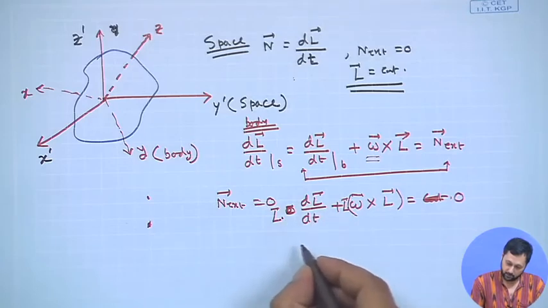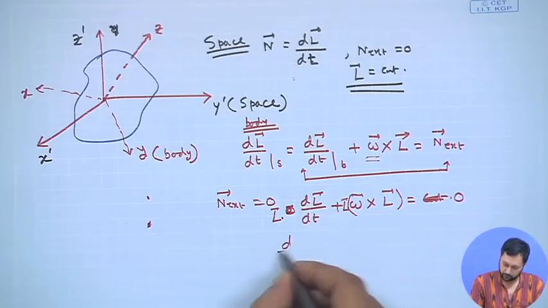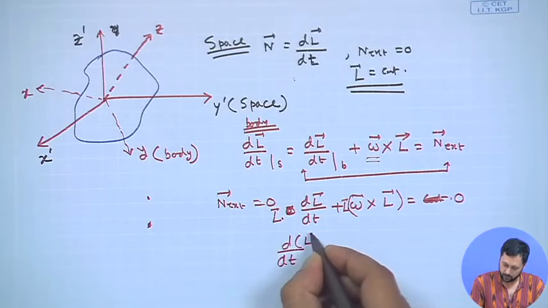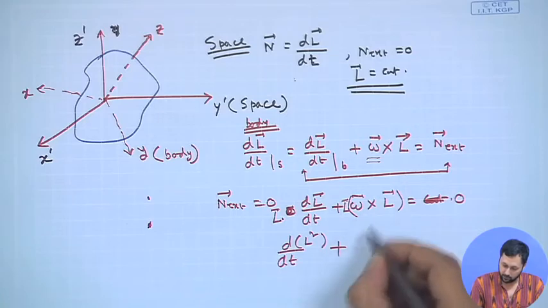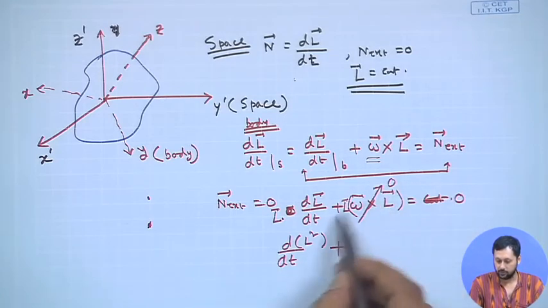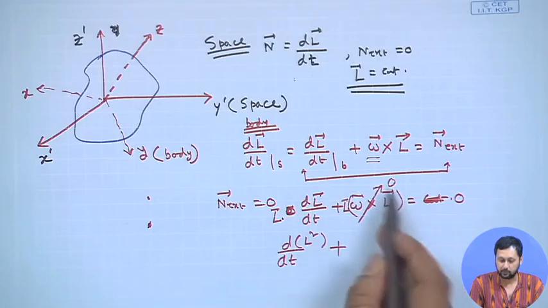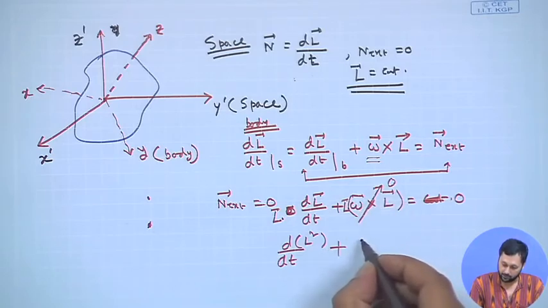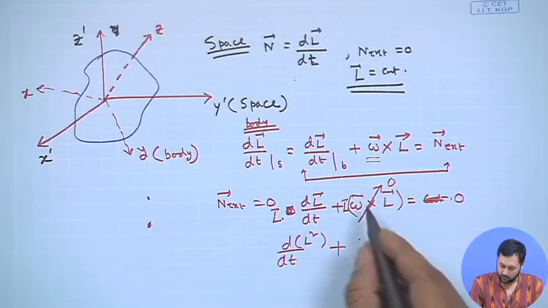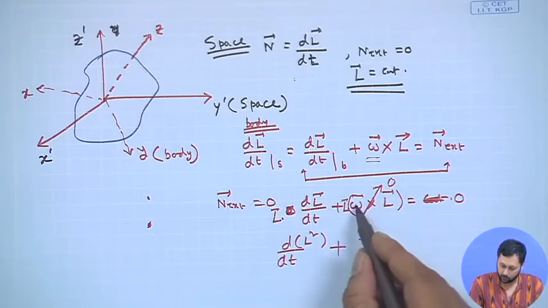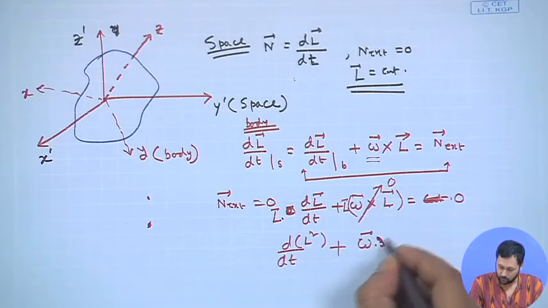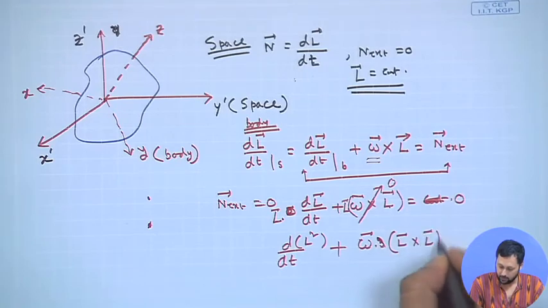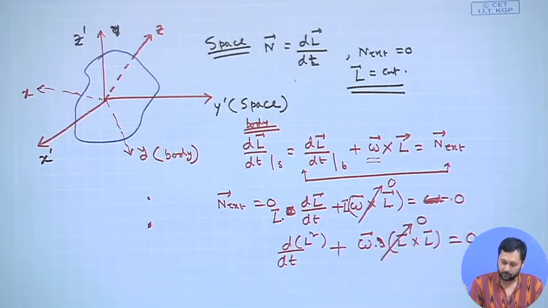The first term becomes d/dt of L square, and the second term actually gives you 0, because with two steps of cyclic permutation, omega goes here, and we can write this as omega dot L cross L, which will uniformly vanish.